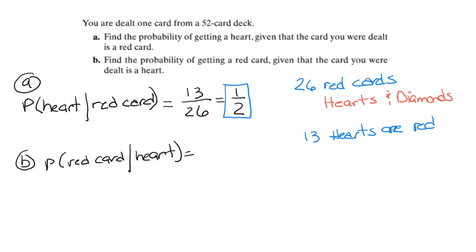We have given a heart, so we have a total of 13 hearts in the deck of cards. And then for it to be a red card, all 13 would have to be red. So we have a probability of 1, which means that it's 100% likely, and it will occur, that you will get a red card given that you were dealt a heart.